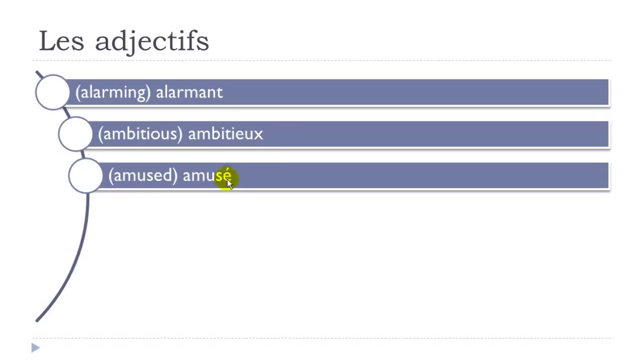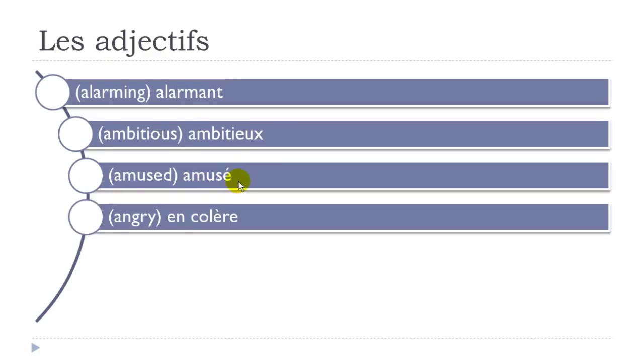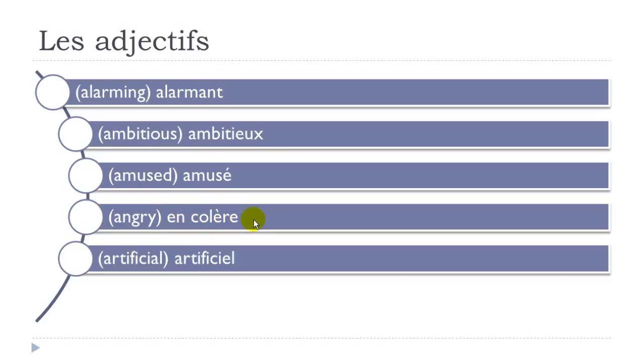Amusé, okay, accent aigu at the end, so E, Z, amusé. En colère, okay, remember, accent grave, E, and then R, okay, you don't insist on the E. Colère, en colère. Artificiel.